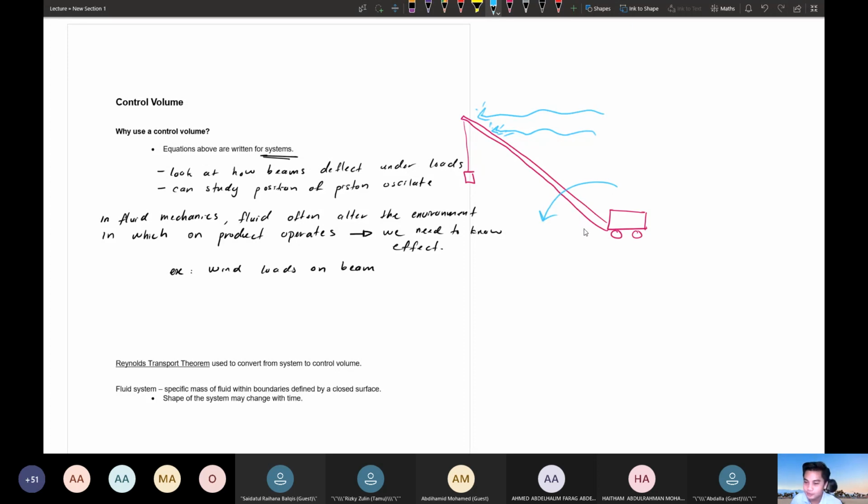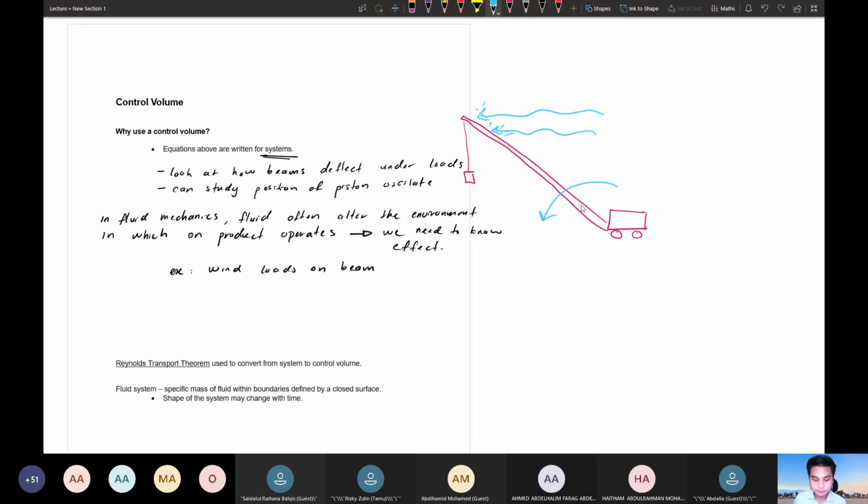So that is why you can see the wind plays a very important role in determining the stability of the crane. Okay, so that's why you must learn fluid mechanics in order to study the effects of the wind acting on the beam.